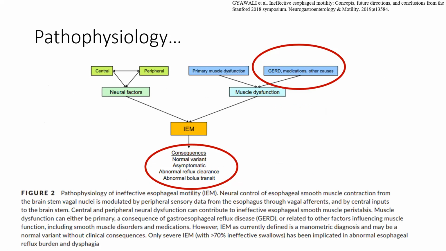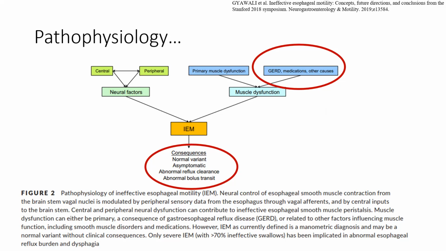Moving on towards the pathophysiology of IEM. In fact, IEM can broadly be divided into neural factors and also muscle dysfunction. The neural factors can originate from central or peripheral causes. With regards to muscle dysfunction, it can originate from a primary muscle dysfunction, or it can also be caused by GERD, medications, or even other causes.